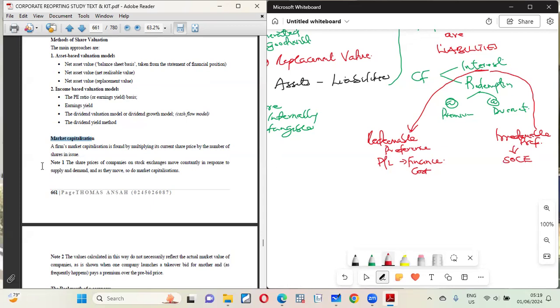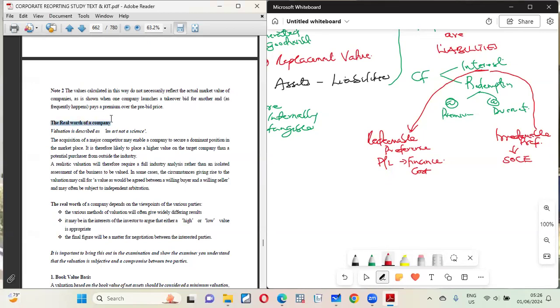So what I am going to do is multiply the price per share by the total number of shares that I have in the company. Then I get the value of the company in total. All right. So that is that.